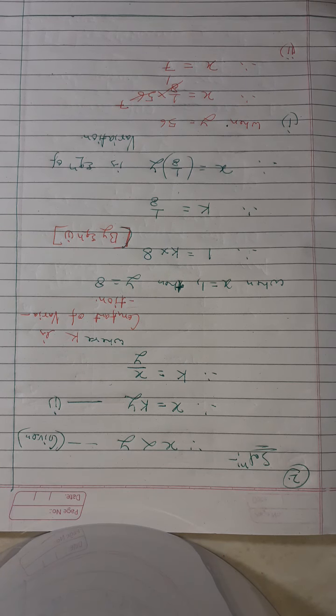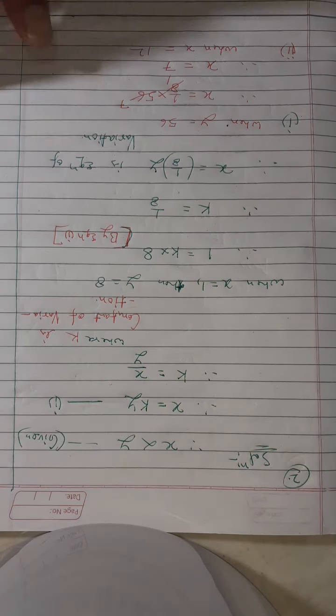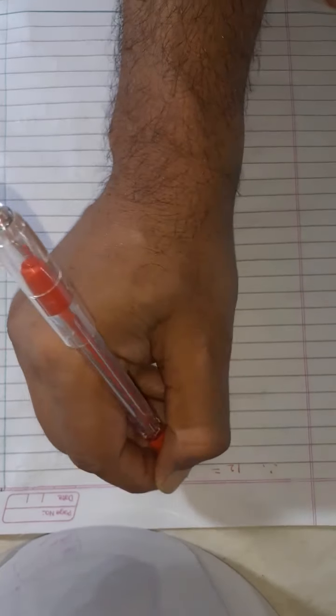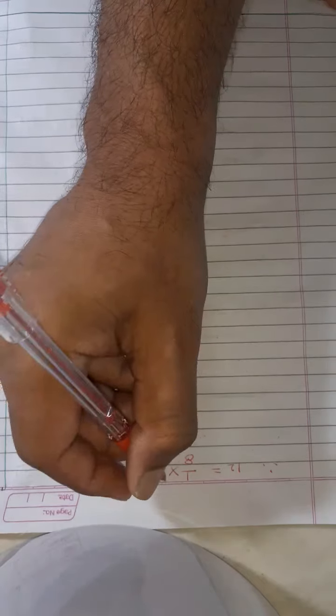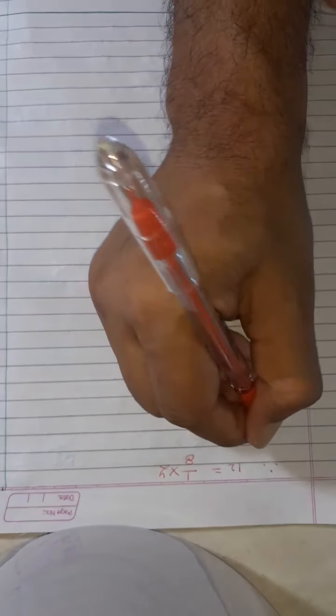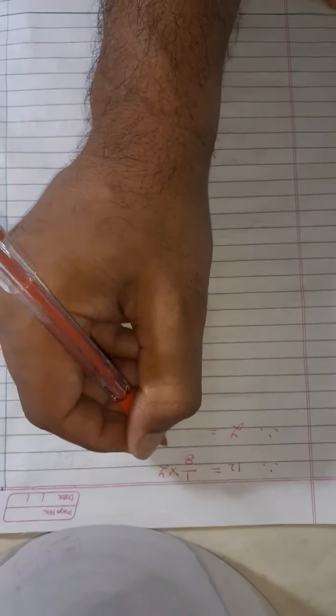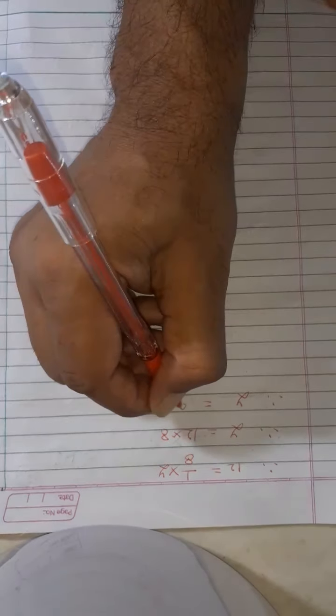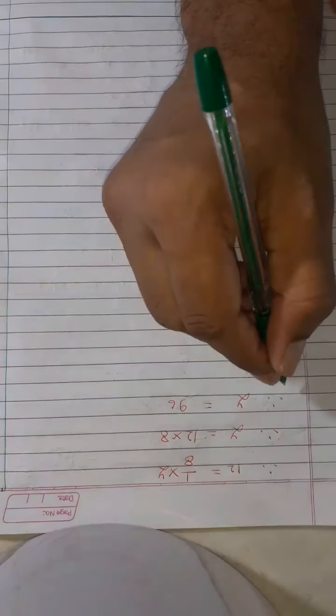When x is equal to 12, therefore 12 is equal to 1 upon 8 into y. Clear? Therefore y is equal to 12 into 8. Therefore y is equal to 96. Clear?